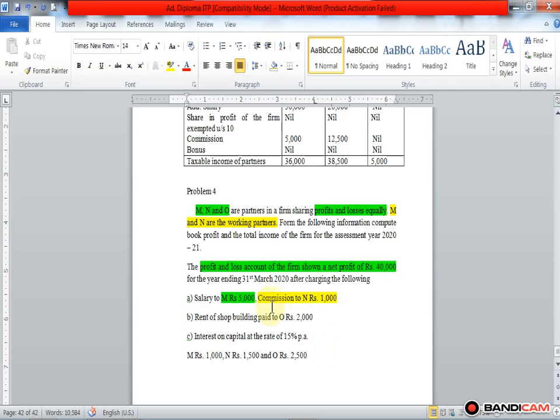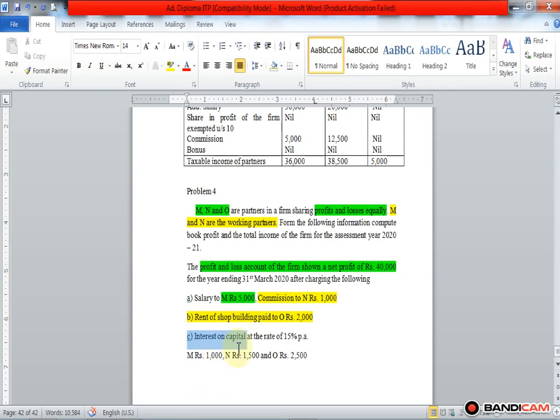Rent of shop building paid to O rupees 2,000. Rent of shop paid to O is an allowable expense of the firm, but it is income of Mr. O under the head income from house property. So it should not be taken into consideration while computing the total income of the firm, because rent of business shop is an allowable expense.